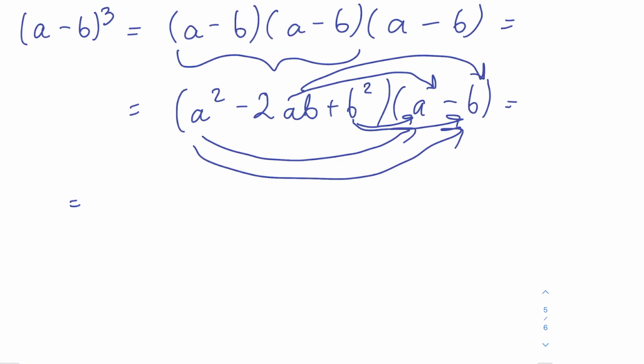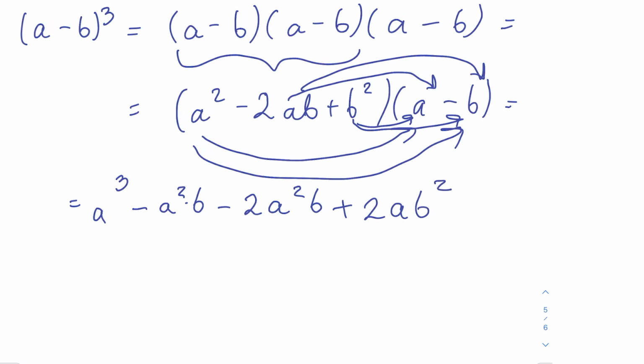So we'll have a squared times a, which is a to the power of 3. Then we have a squared times negative b would be negative a squared times b. Then we'll have negative 2ab times a, which is negative 2a squared times b. And then we'll have negative 2ab times negative b, which will make it negative times negative would be positive 2ab squared.